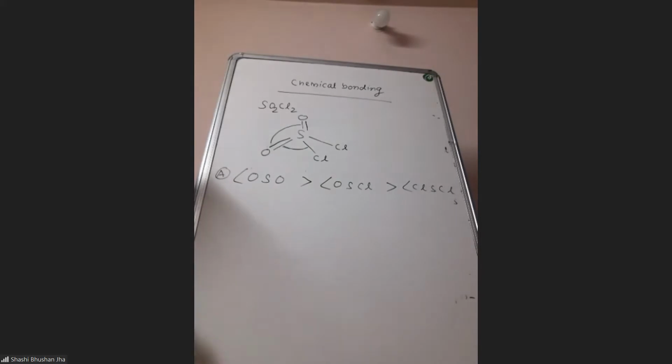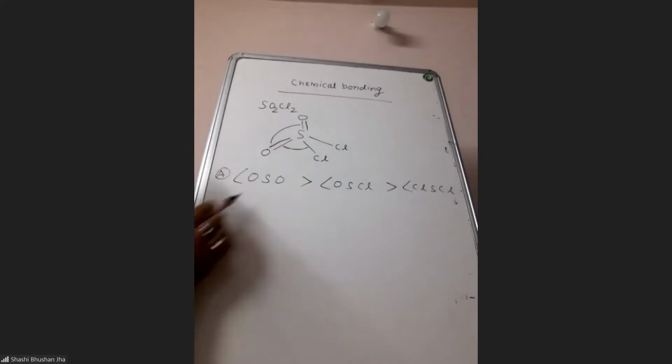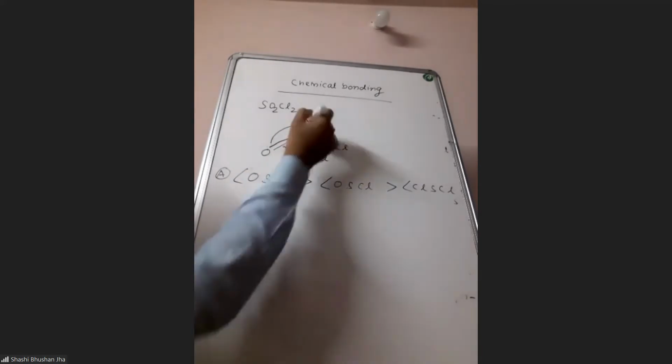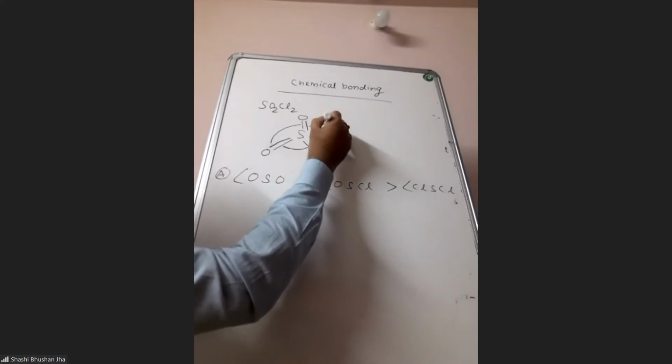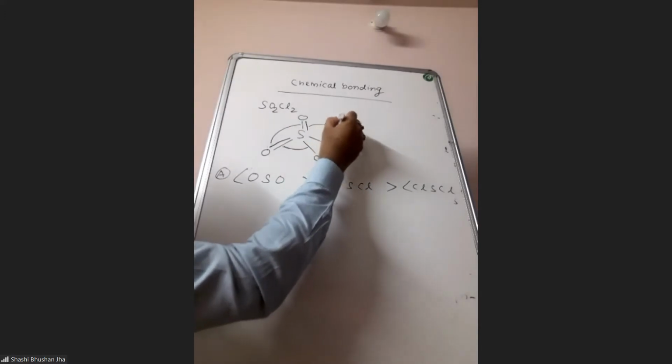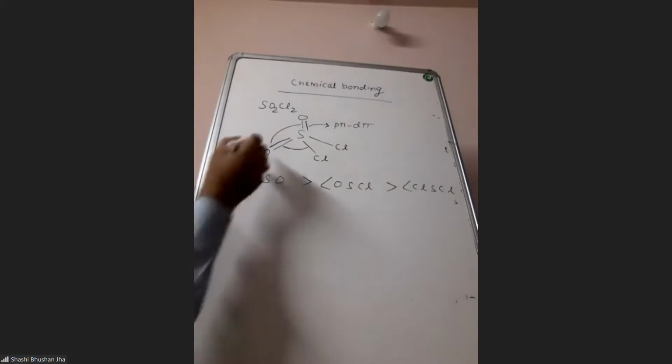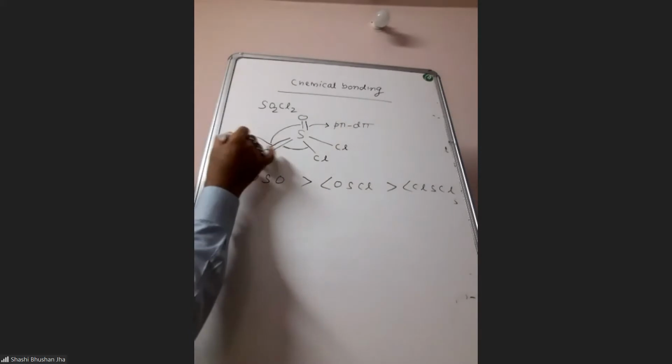So sulfur is not left with any p orbital for the formation of pi bonds. So obviously whatever pi bond is formed, in the formation of that pi bond, sulfur has utilized its d orbital. Then oxygen will obviously utilize its p orbital. So this pi bond is p-pi d-pi, p orbital of oxygen and d orbital of sulfur. This pi bond is also p-pi d-pi.